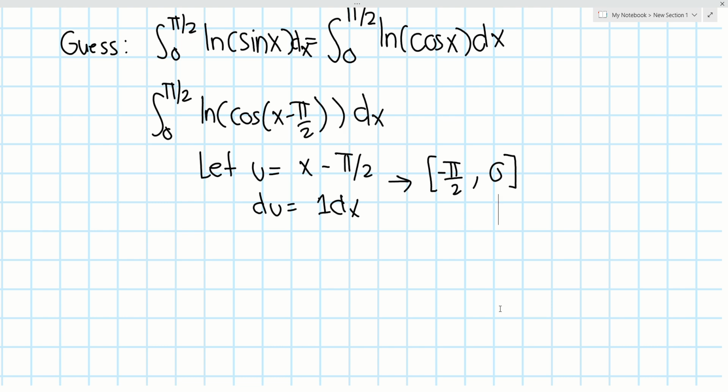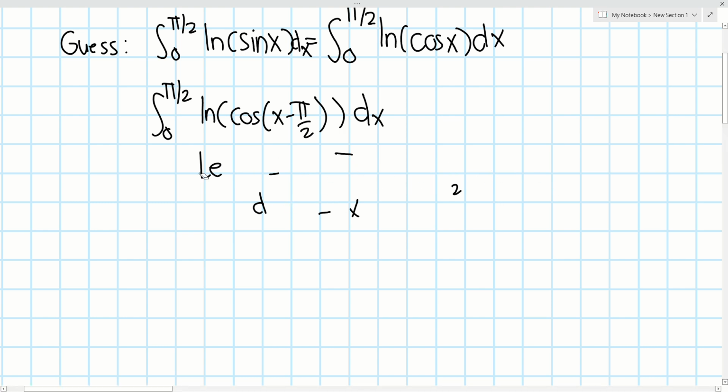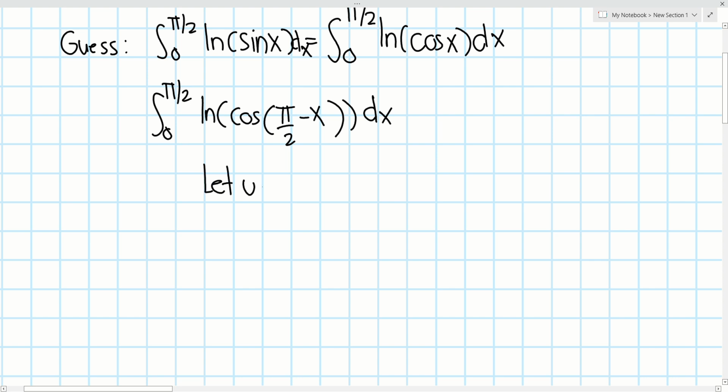Oh, sorry, a minor mistake. Sine x is basically cos of pi over 2 minus x. The opposite, so it's negative. You have to remember that. So we let u be equal to what's inside, pi over 2 minus x, and then du is equal to negative 1 dx.